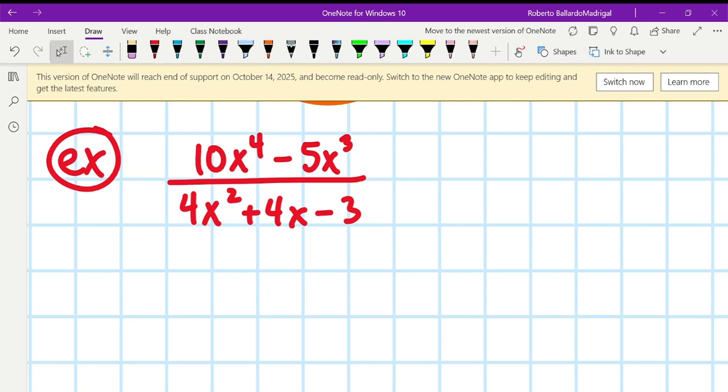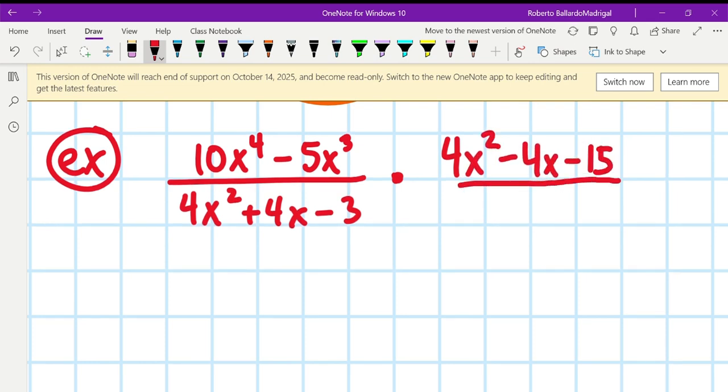And all of this will be multiplied with 4x squared minus 4x minus 15, over 2x squared plus 5x minus 25. All right, go ahead and copy that down, please.